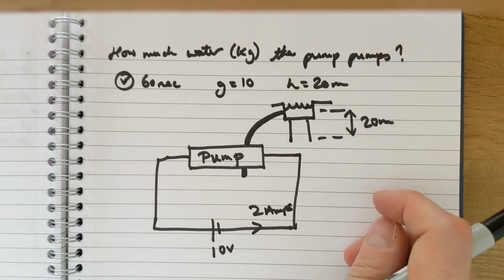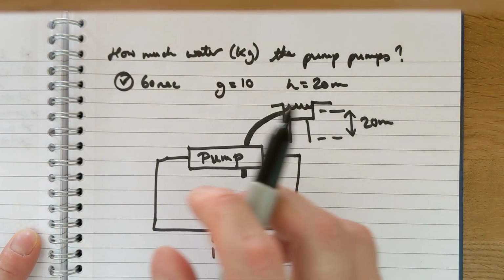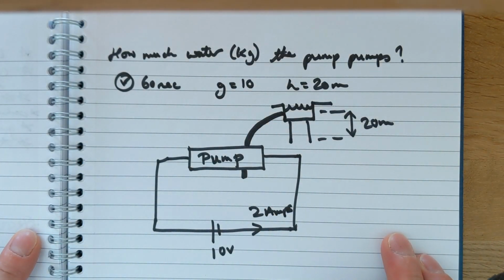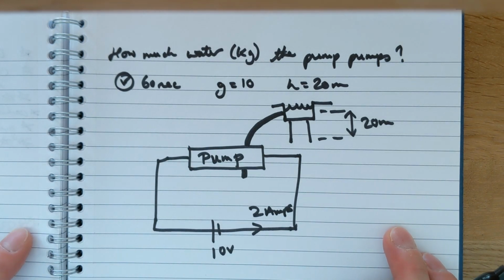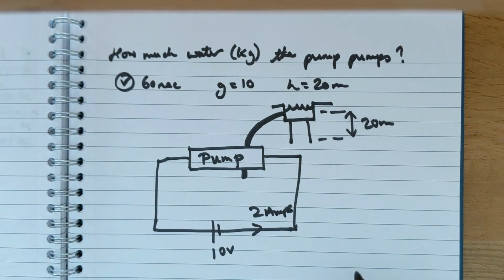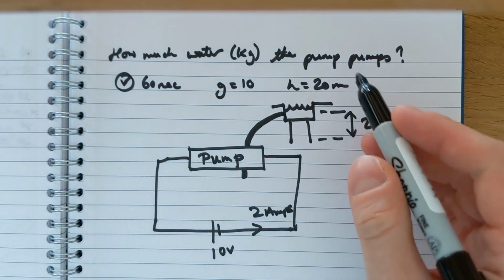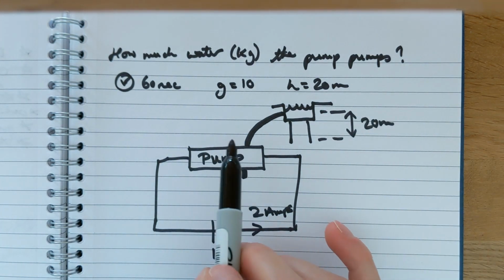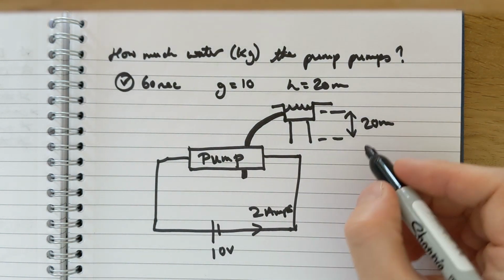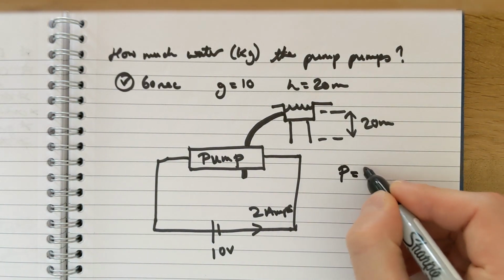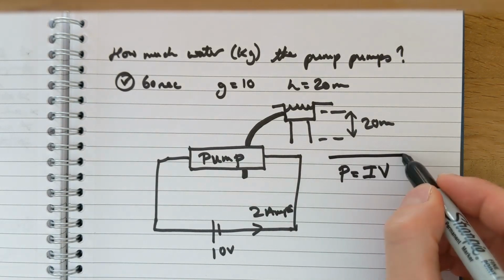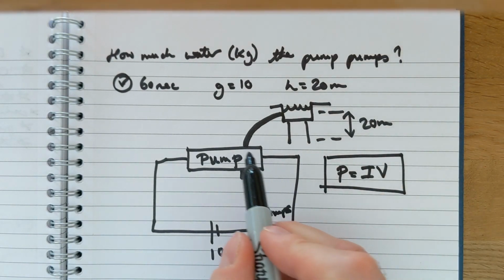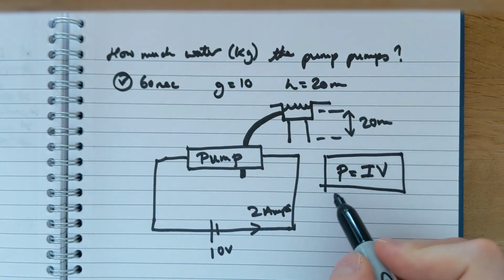Now, we first need to decide what are the equations that are sort of defining our system. It's a bit of a combination of the last one, but it's not exactly the same because we're going to work out the power used by the pump rather than resistance. So we're going to use P equals IV. That defines the circuit component of the problem.